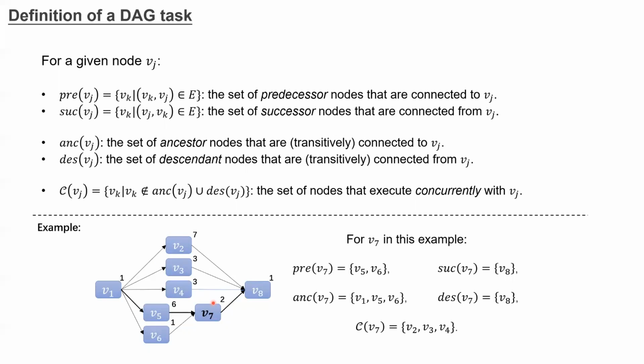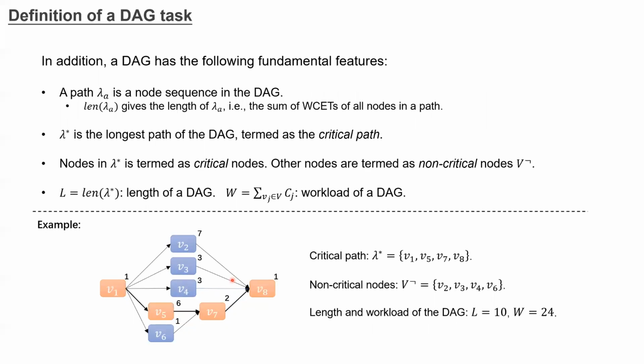In addition, a DAG has the following fundamental features. First, a path is a node sequence in a DAG, and its length is given by the sum of the WCETs of all nodes in that path. We use lambda star to denote the longest path in the DAG, which is termed the critical path. Nodes in the critical path are called the critical nodes, and the others are the non-critical ones.